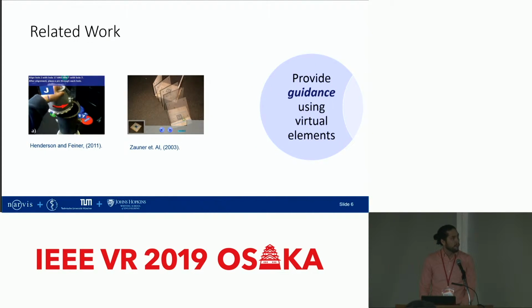These virtual elements can be animated arrows, text, or animations, as in the work presented by Henderson and Feiner in 2011 or Sauner in 2003. The situation with this kind of approach is that in order to provide these animations or this information, it is a requirement to track the object that needs to be placed.